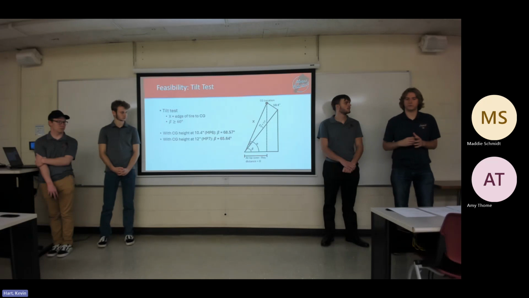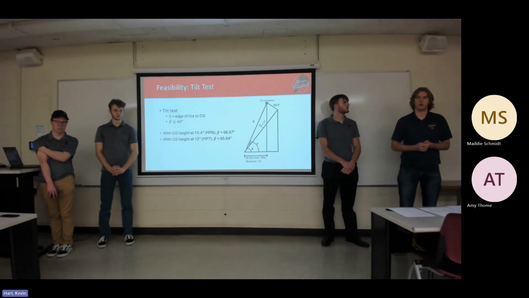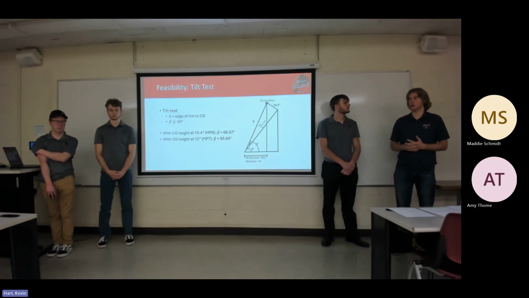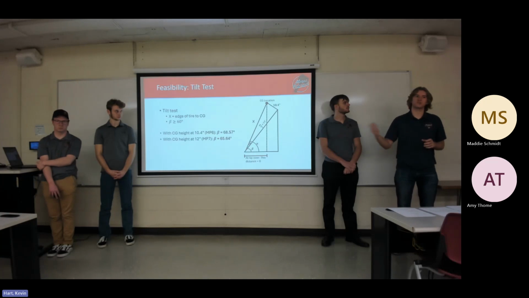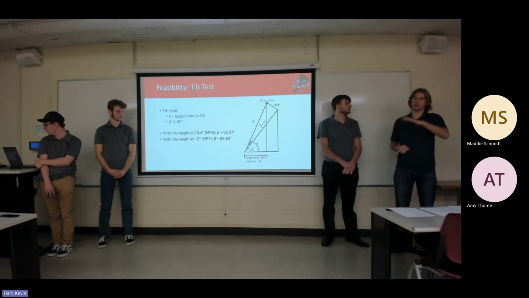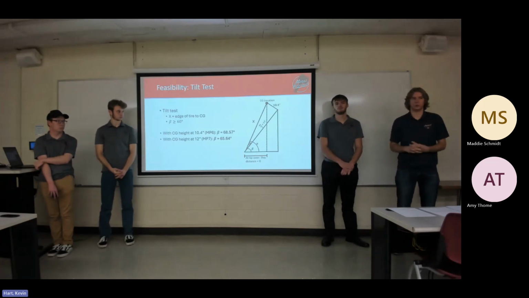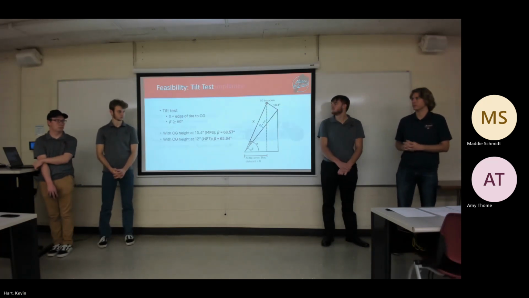We needed a little bit of leeway based on where other components are going to mount in the MP7. And so we estimated that the center of gravity height on the MP7 is going to be 12 inches. So we reran the numbers and ended up with 65.64 degrees as a tilt angle on the tilt test. So either way, with both of these, the car should be able to pass the tilt test.